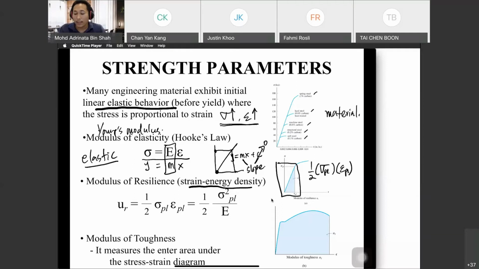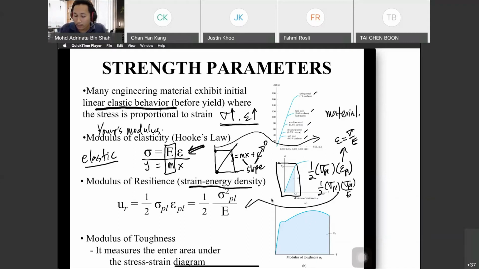Then we can change our strain using Hooke's law: strain equals sigma over E. Putting that in, we get sigma plastic squared over E, and that is what we have here.